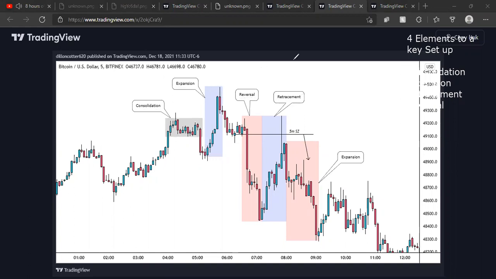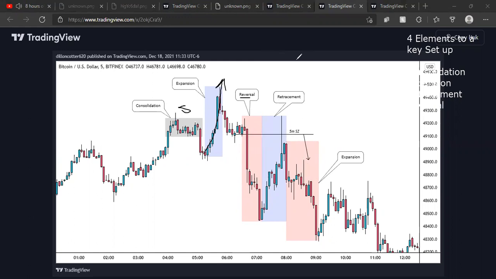Right here, we see a reversal. We get our expansion to the upside, grabbing liquidity, but then ultimately we get a break of structure to the downside. And after this reversal, we go into a retracement and then another expansion.